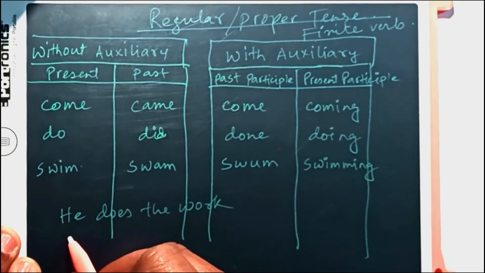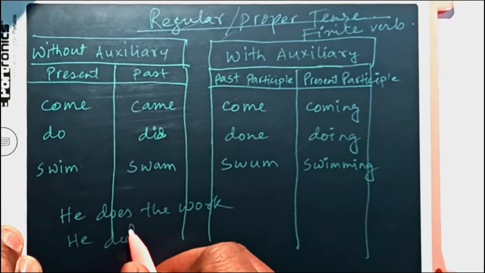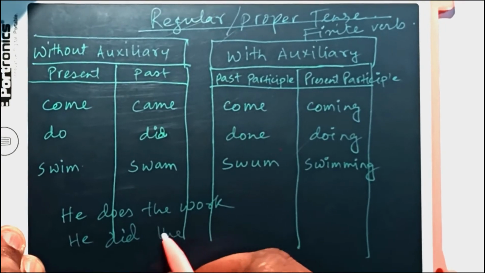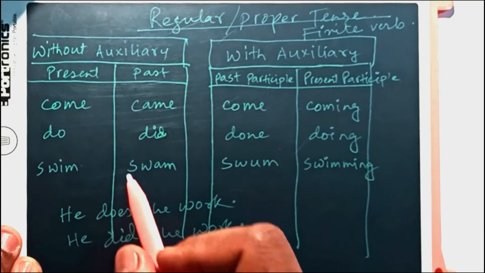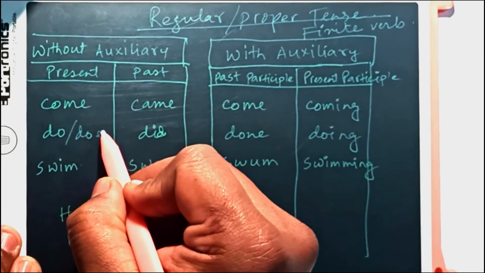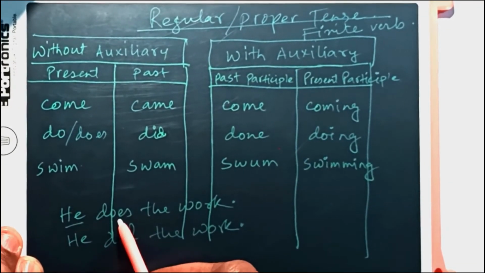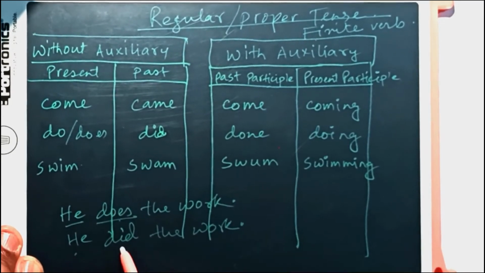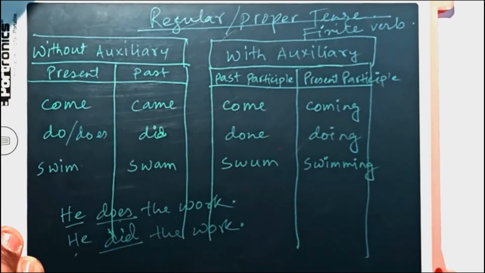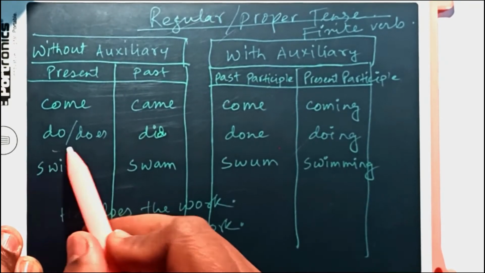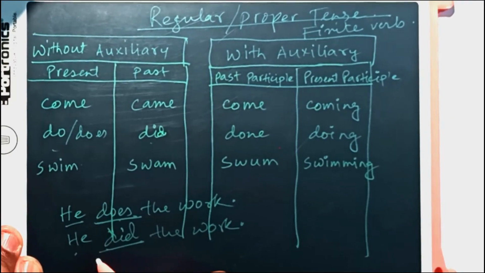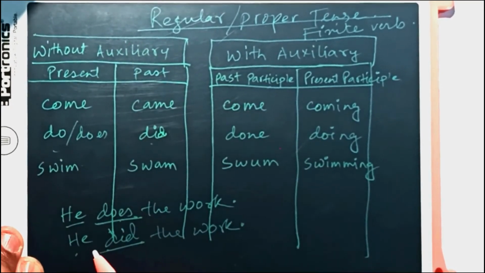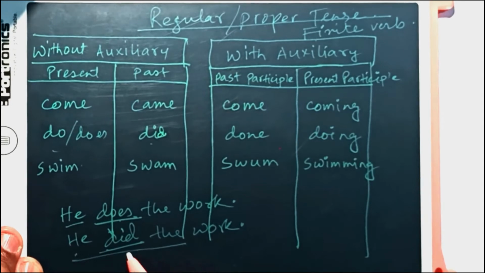In past tense, we will write he did the work, which means do or does, third person singular, that's why we are writing does. Past tense, did this. Now these two forms can be written in the sentence directly without auxiliary verbs. Okay, so this makes our sentence finite verb or proper tense.